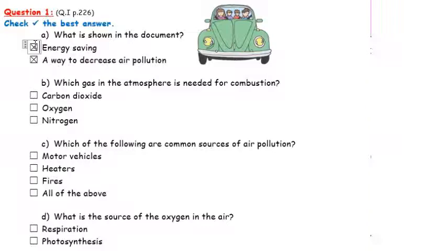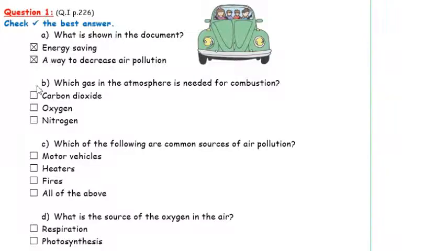Part B. Which gas in the atmosphere is needed for combustion? Combustion is the process of burning fires. So, what do fires need to grow bigger, let's say? Do they need carbon dioxide, oxygen, or nitrogen?